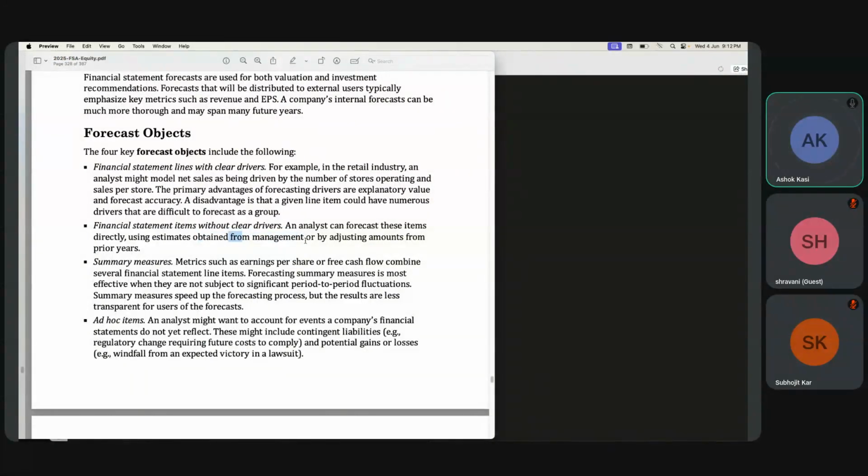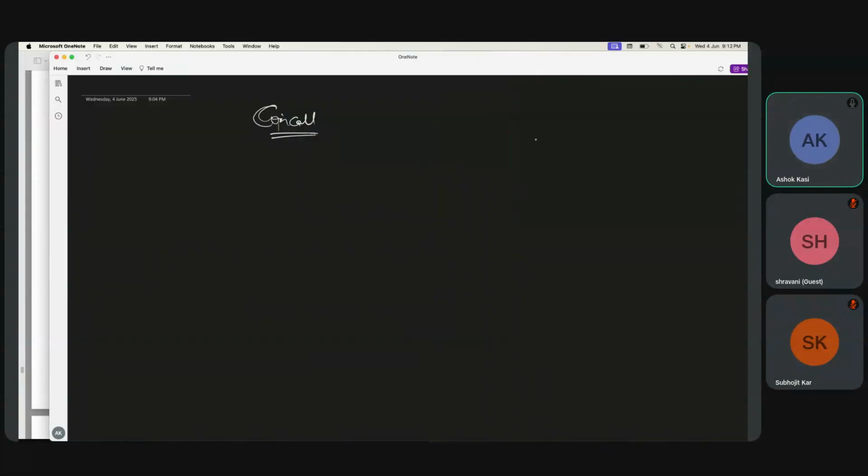Also, you can Google the annual report and download it. The annual report can go for 200-300 pages, and in it there will be one section dedicated to MD&A, management discussion and analysis. Management means chairman, CEO, directors.